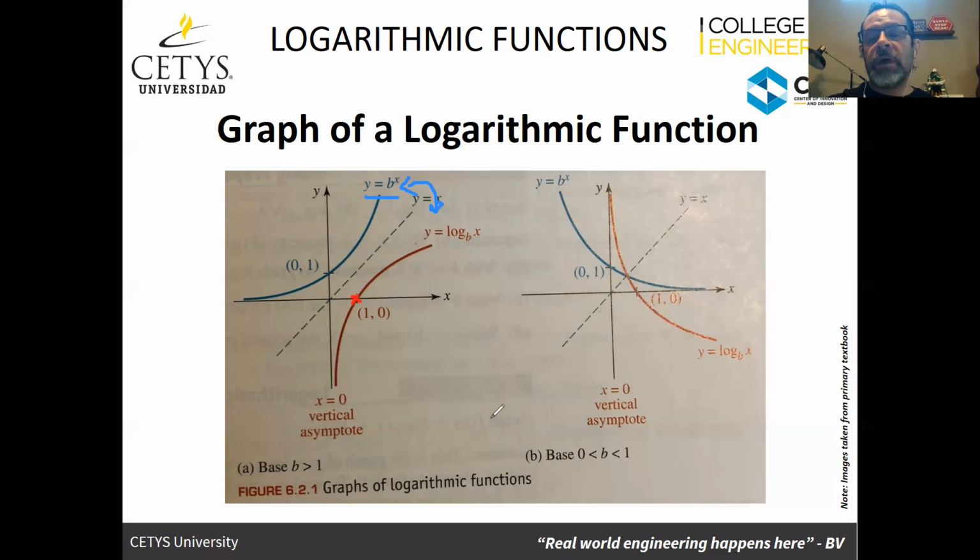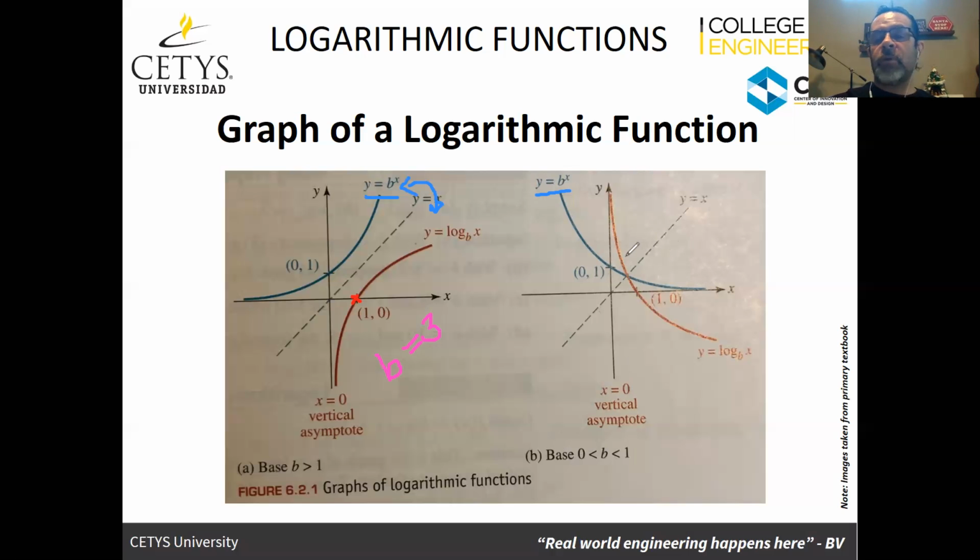And so if we have the same function here, for this one, remember that b is larger than 1. That's important. For example, here b would be equal to 3. In both cases, the exponential and the logarithm, b is larger than 1. But if we have b from 0 to 1, remember that there's a reflection in the exponential one, so it decays.